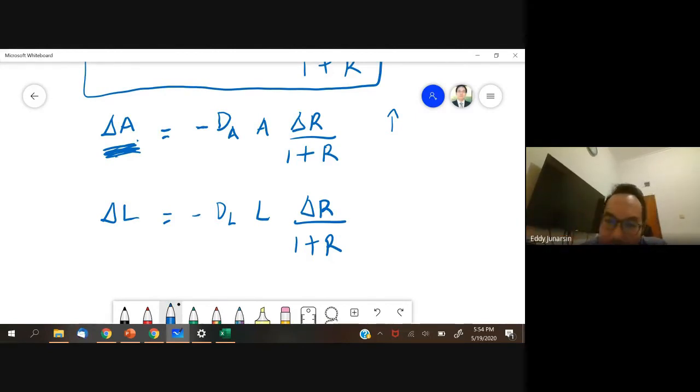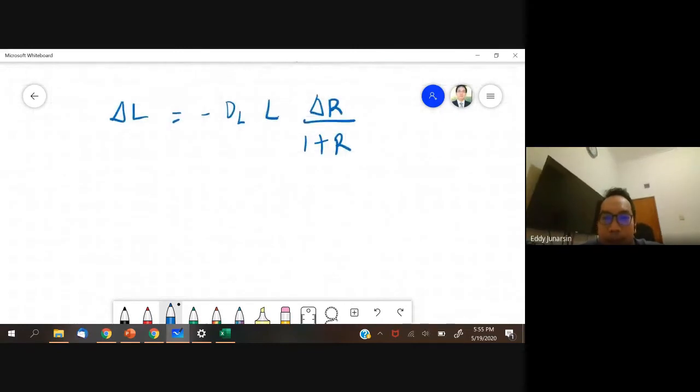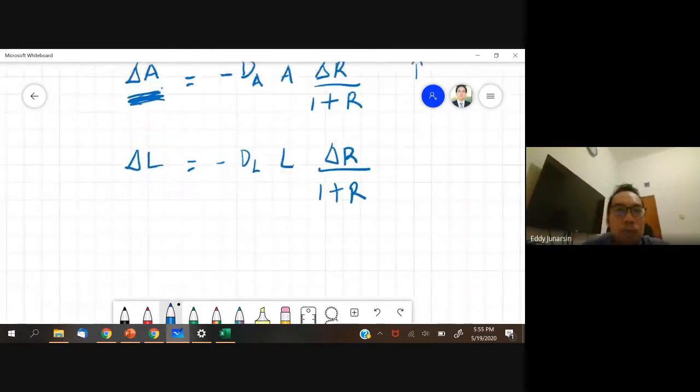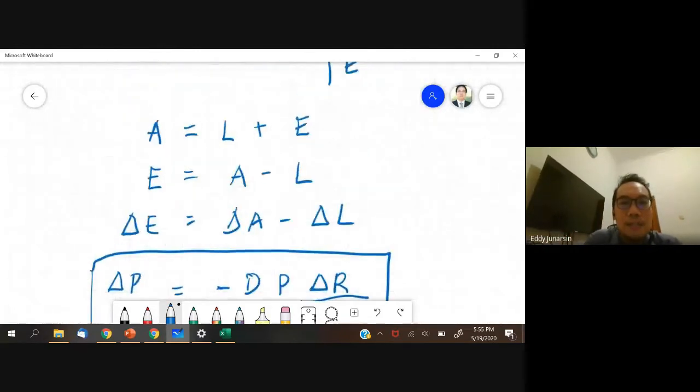The higher the interest rate, the lower the value of the liabilities. So we are happy in that case. But increasing market rate, not the coupon rate. Okay, so let's put them together. You remember this one?